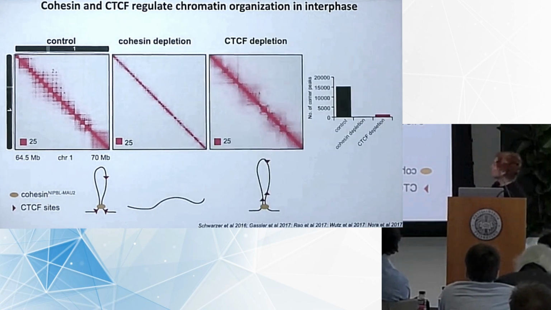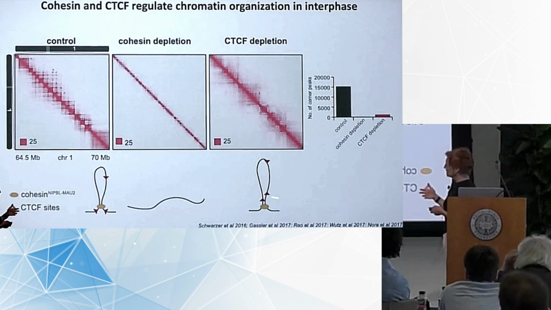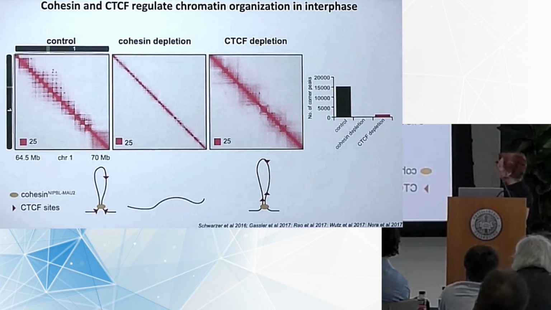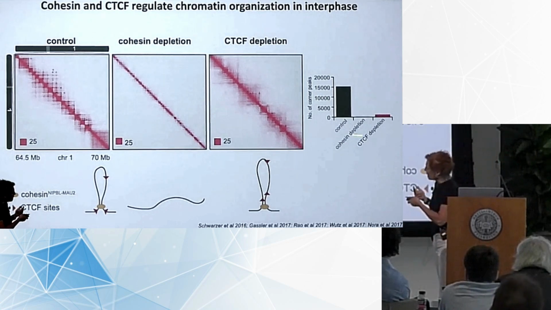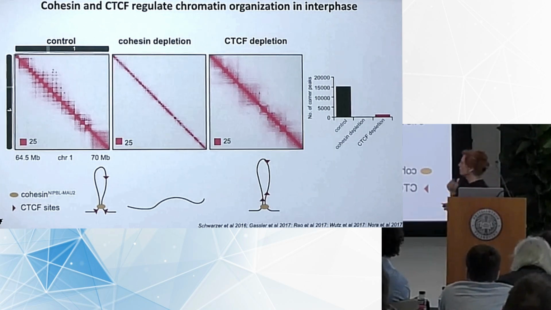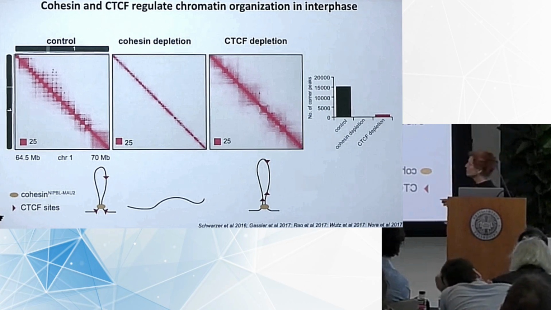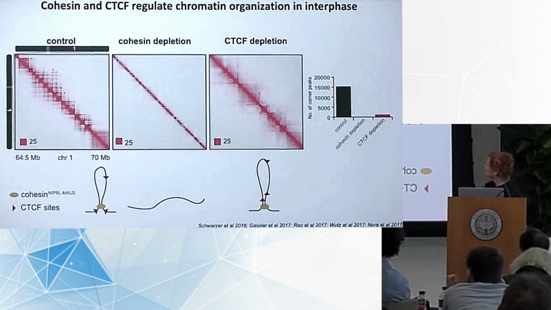If we deplete CTCF, cohesin stays on chromatin and extrudes loops, but it won't be able to stop at CTCF sites, and that's why these loops are not organized anymore the way they are in the control. And we lose these corner peaks, as shown in this graph of the total number of corner peaks genome-wide, where upon CTCF depletion and, of course, cohesin depletion, the number of corner peaks is significantly reduced.